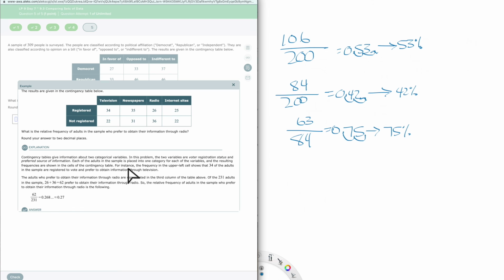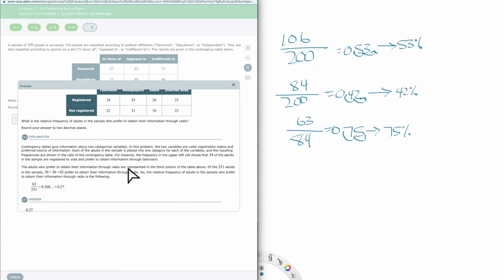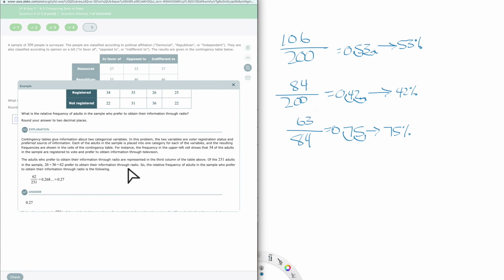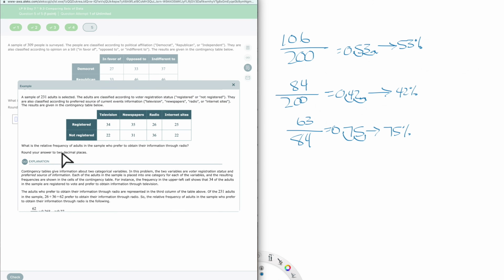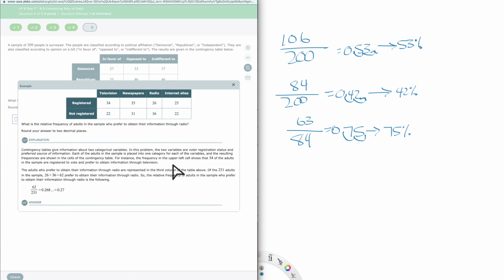So the adults who prefer to obtain their information through radio are represented in the third column because it's asking us what is the relative frequency of adults in the sample who prefer to obtain their information through radio. So we're specifically looking at the radio column. Of the 231 adults in the sample, 26 plus 36, so you can see that, which is 62, prefer to obtain their information through the radio.